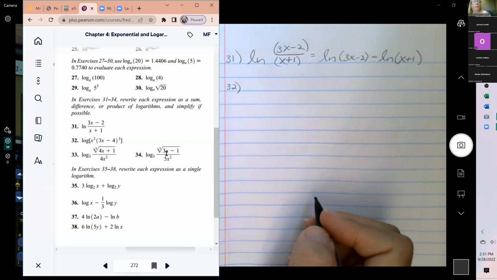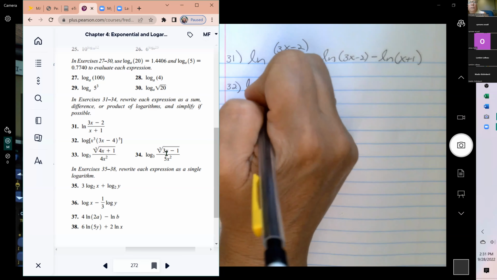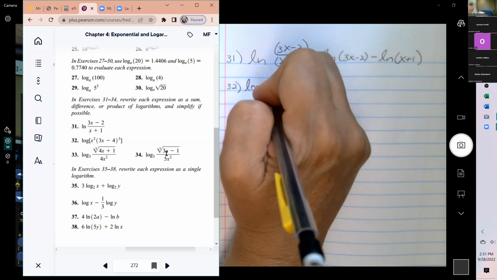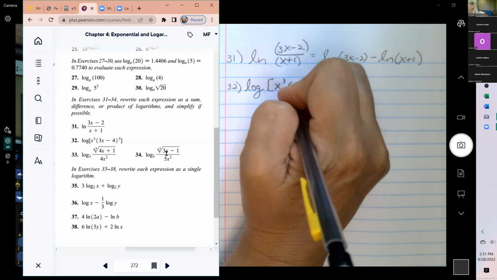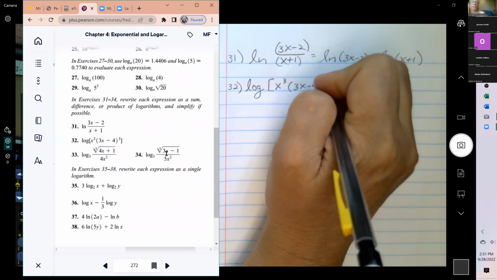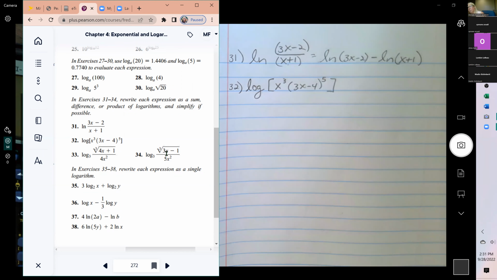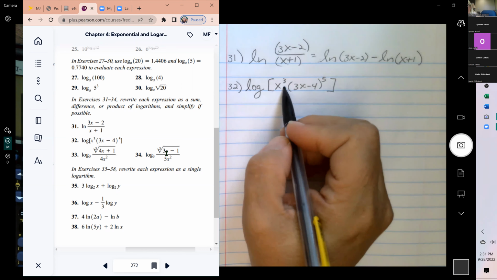Let's look at 32. Log of x cubed times 3x minus 4 to the 5th. Notice there's a multiplication here.